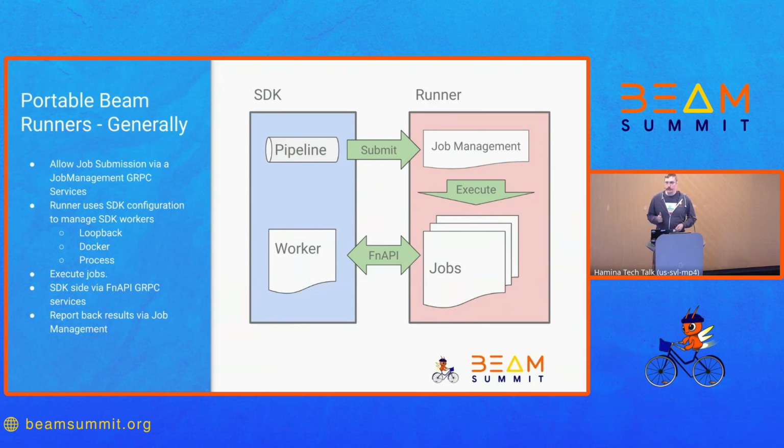All of these are communicating over gRPC connections through a couple different services that we have for what we call portable Beam. Mainly the job management service that accepts jobs and reports on the status of jobs and pipelines, and the Fn API, the function execution framework, really, if you want to go full on, that shows how the runner coordinates execution of workers and tells the SDK what work to execute.